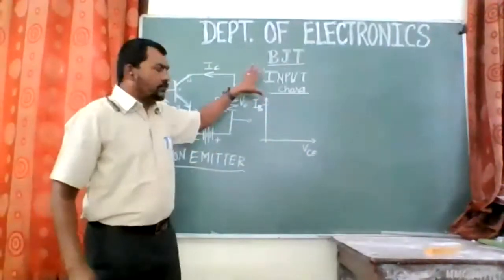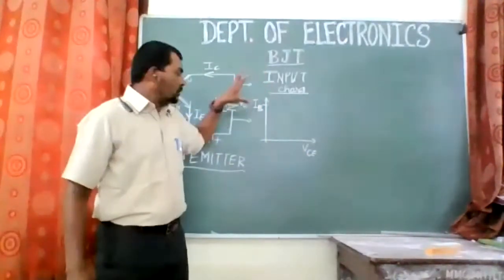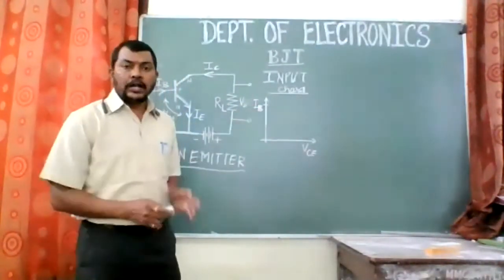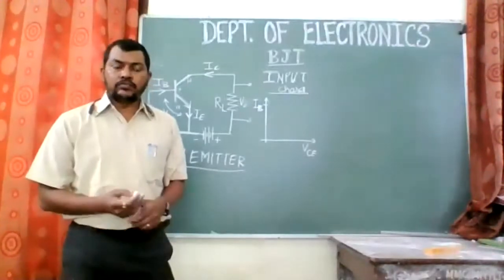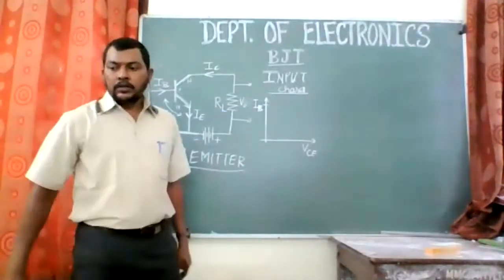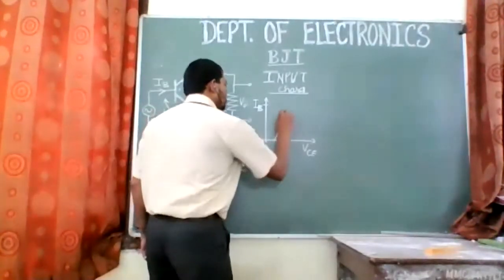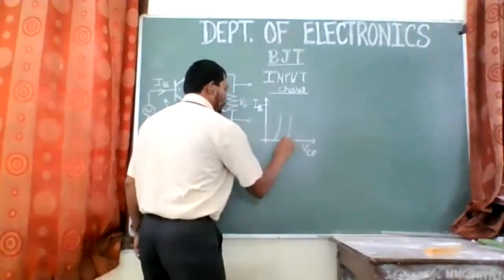So this is a graph plotted across voltage and current IB. This is what you have to do in the practical. If you go through that, you will come to know that at a constant voltage like this, we will have a curve like this.